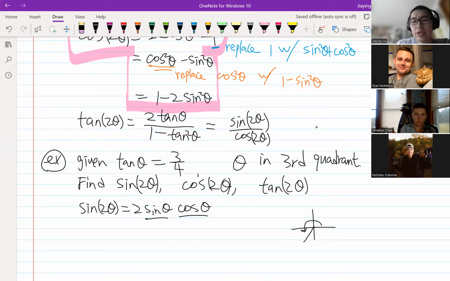So that's the angle theta. We're going to draw a right triangle. Let me make it a little bit bigger. We're just going to use the angle theta there, the reference angle, to create a right triangle.